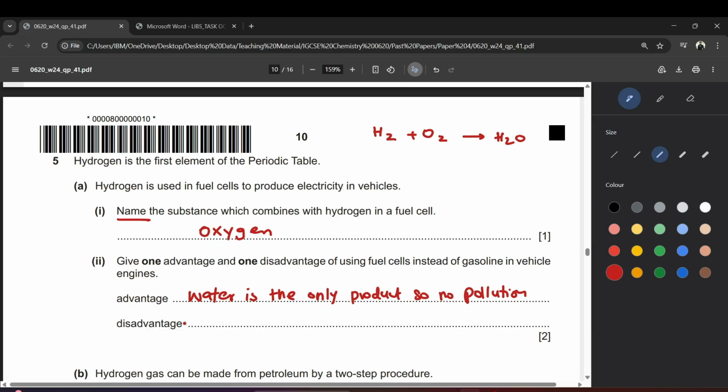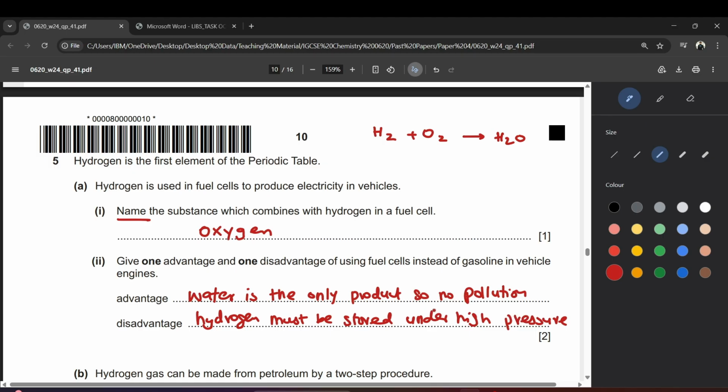Okay, so we can say that hydrogen must be stored under high pressure. So definitely, if you have to store it under high pressure, then you also need some expensive equipment which is able to withstand that high pressure. So that is why that's also expensive.